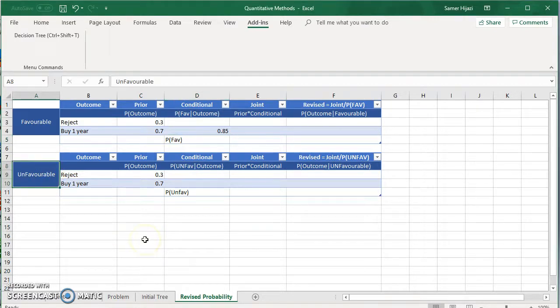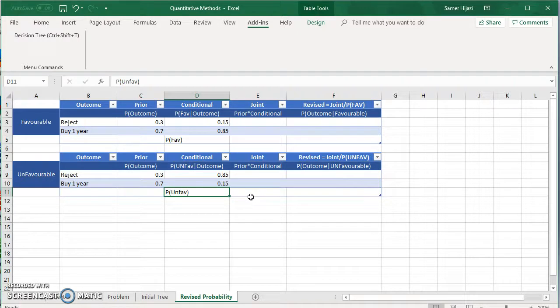If the outcome of the survey is unfavorable, which means it's not in our favor, what's accurate here? That they're going to reject it. So we're going to put 0.85 over here. Now, this is 0.85, that means this is going to be 0.15. These two, you add them, you should get 1. If this is 0.85, this should be 0.15.